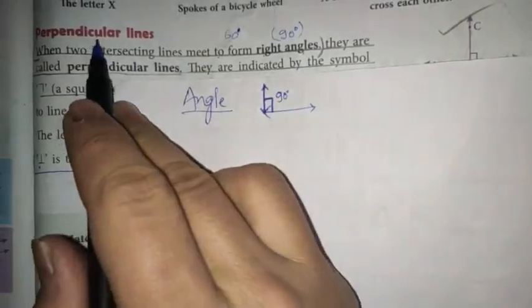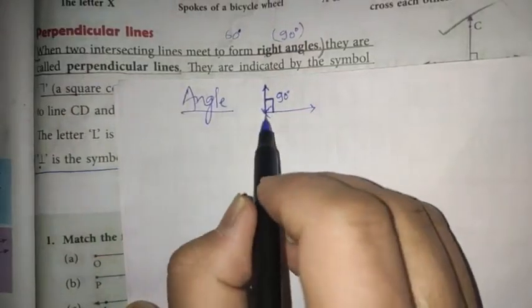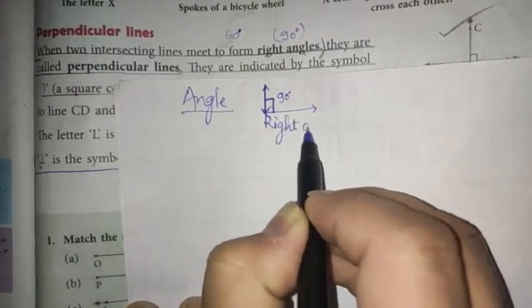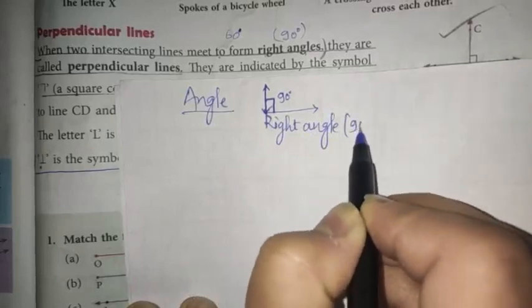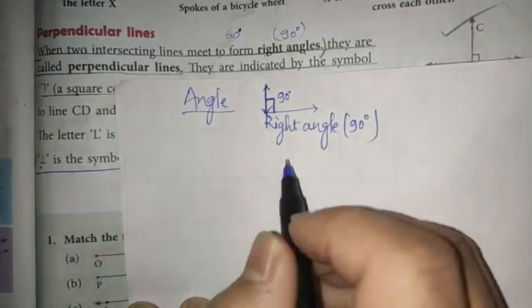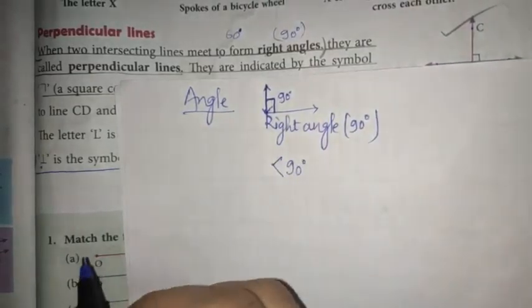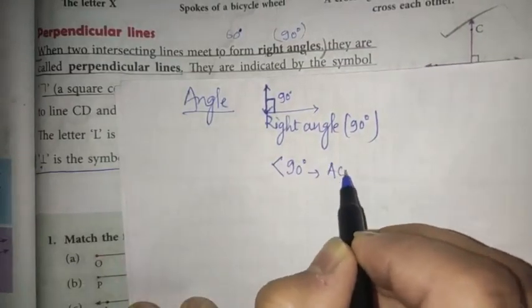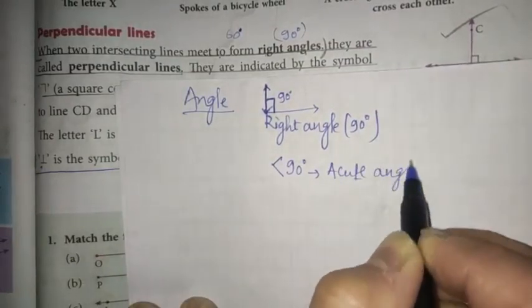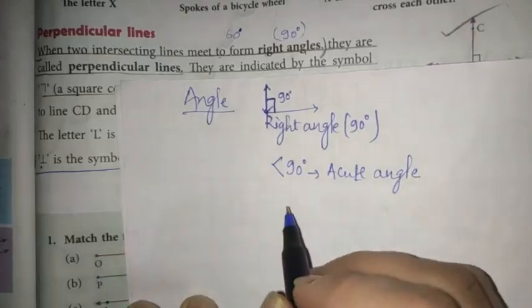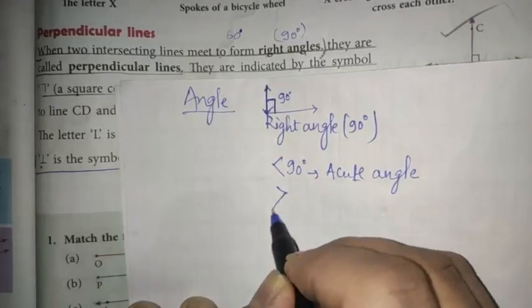This is a perpendicular line, and this is called a right angle. Right angle, why? Because it has made 90 degrees. If it is less than 90 degrees, what type of angle will it be considered? It is considered an acute angle. Remember this point, okay? Acute angle. Don't worry, I'll explain in the later class also. This is a very important one.